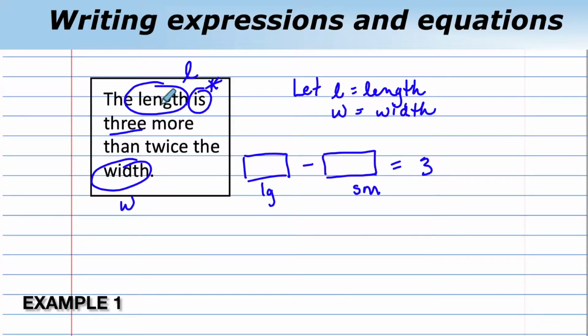Well, in this case, the sentence says that the length is the larger number. It's 3 more. So if you plug in the length for the larger number and twice the width for the smaller number, I think you can see that the equation is correct.